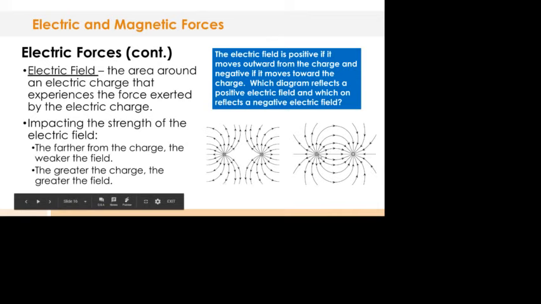If you have a positive and a negative charge, you will see that the electric field lines are curving towards each other, just like the magnetic field lines curve from North Pole to South Pole. The further away you get from the center of the charge, the further apart the field lines get and the weaker the field becomes. Bigger charges have bigger fields.